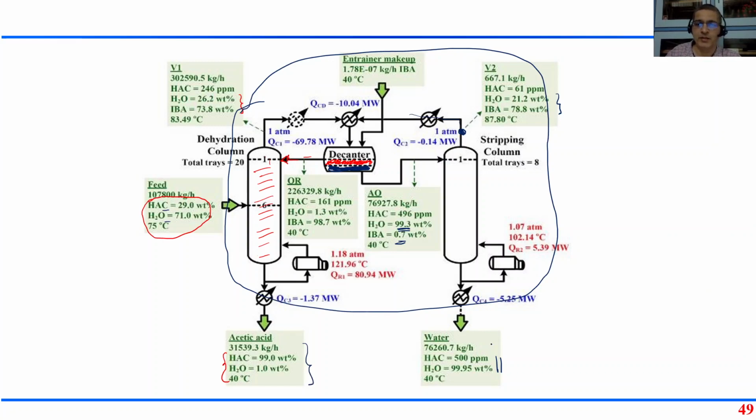Whatever butyl acetate is there is just recycling in this loop, the organic phase and the aqueous phase. The butyl acetate just keeps on recycling here. A small amount of butyl acetate is lost from the condenser and so on. I have a makeup quantity of isobutyl acetate which can straight away go to the condenser and decanter.